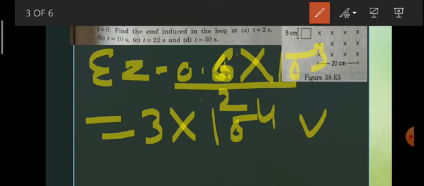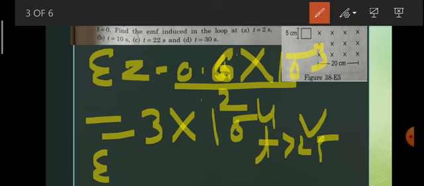Okay, so we see that when we move from t equal to 20 to t equal to 25, EMF is induced in this case. And if t is greater than 25, EMF is 0, since this loop is totally outside the magnetic field and the flux linked with this loop is 0, so EMF is 0.